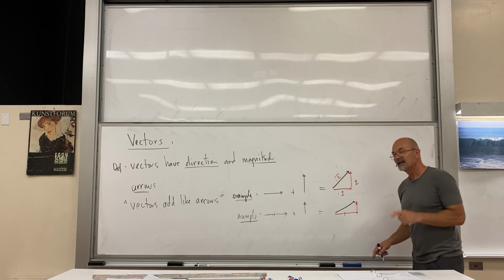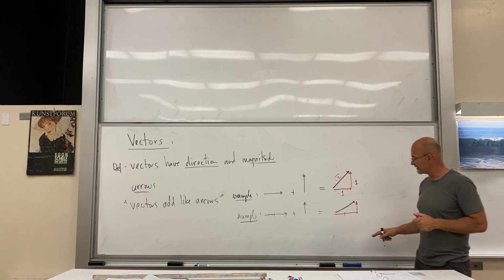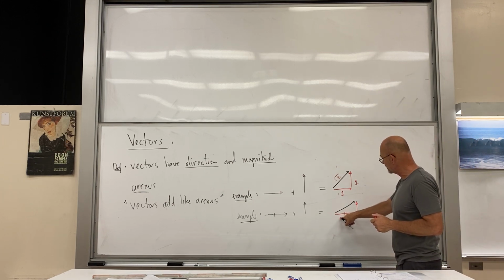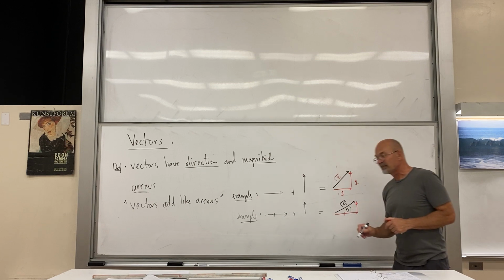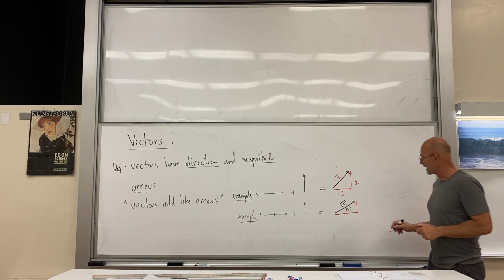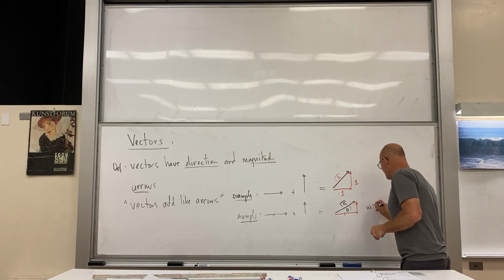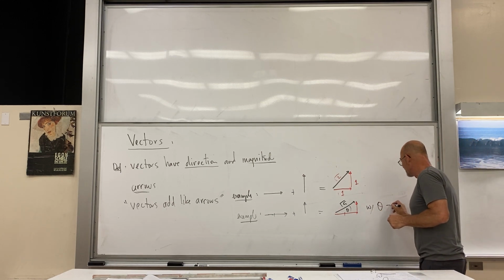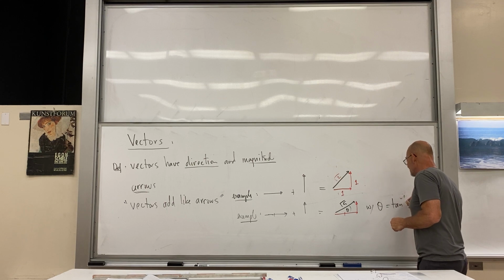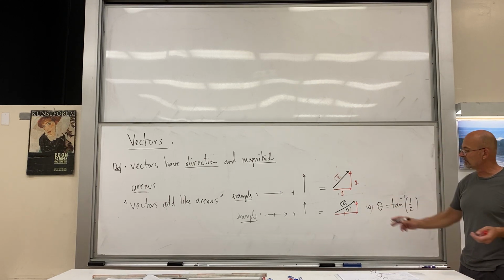Now you have to use the Pythagorean Theorem. You have 2 squared is 4, plus 1 squared is 5, so that's the square root of 5. And now we have to say something about the angle, with theta, which gives its direction, theta being the inverse tangent of 1/2. And then the thing's been completely specified.